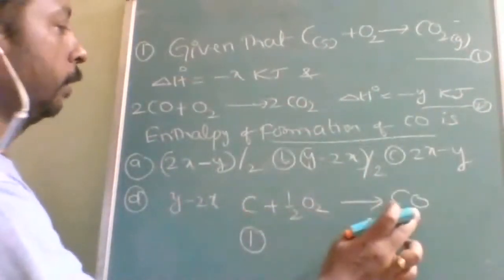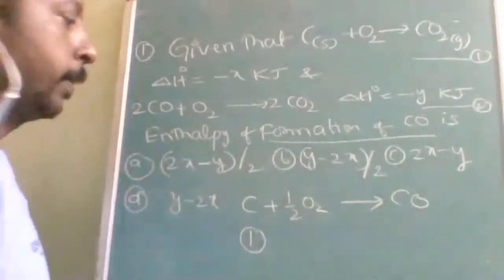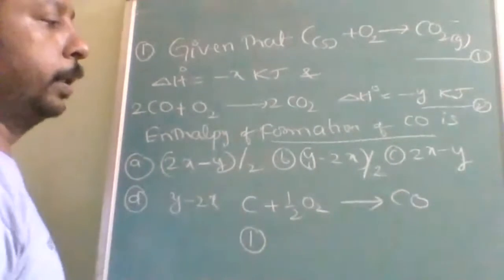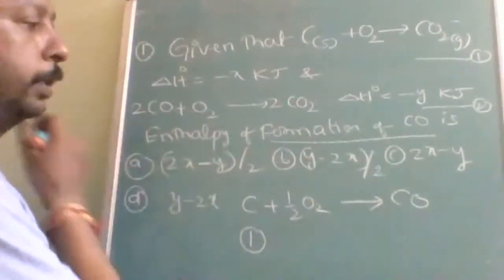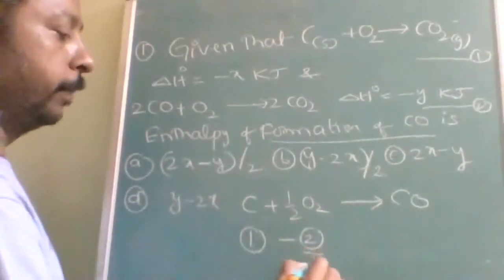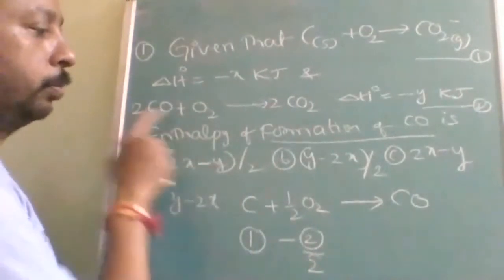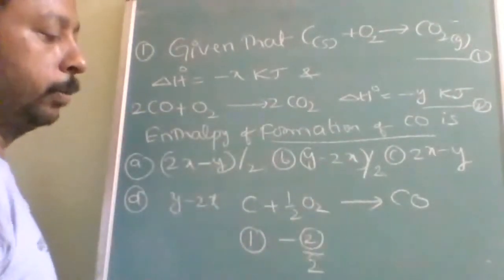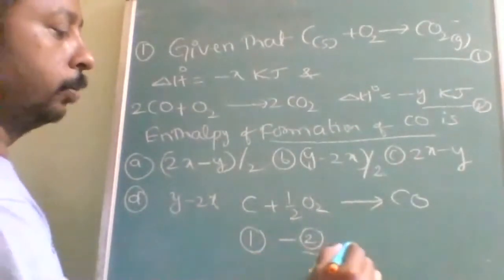Carbon monoxide, all of you listen carefully. Carbon monoxide is on the right side here and it is on the left side in equation 2. So we take equation 2 divided by 2. Why 2? Because it is 2 moles and we want only 1 mole. So equation 1 minus equation 2 by 2.